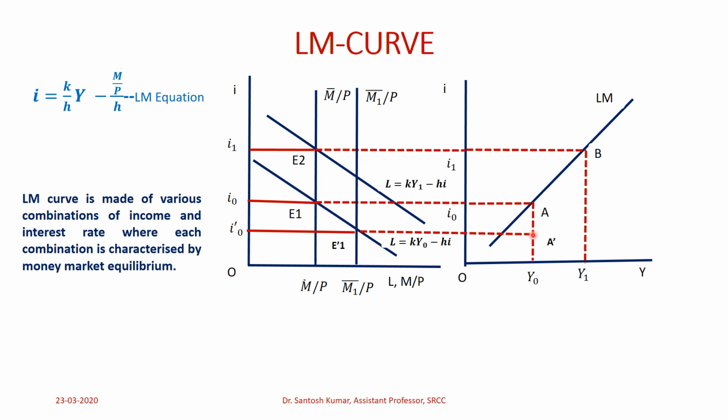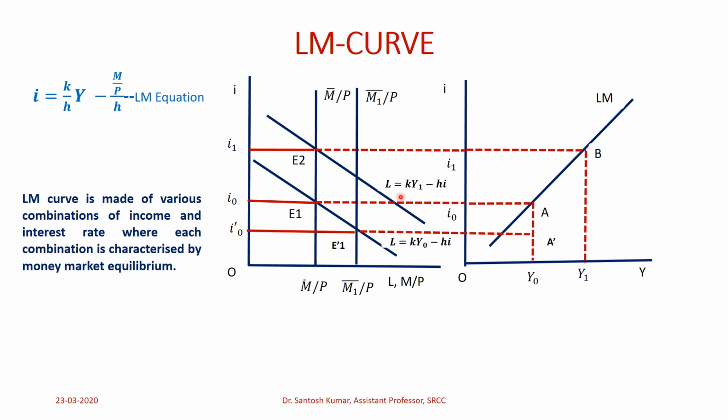Fine. Now with increased money supply, if income rises from Y naught to Y1, what would happen to the equilibrium? Of course, it will not remain at E prime 1, because money demand rises, due to the rise in equilibrium income from Y0 to Y1. So you get this new money demand line.